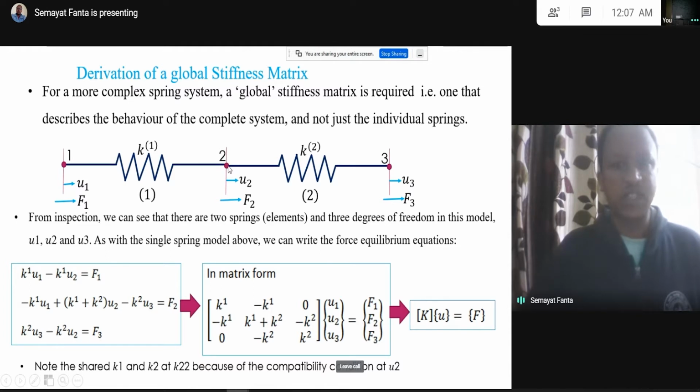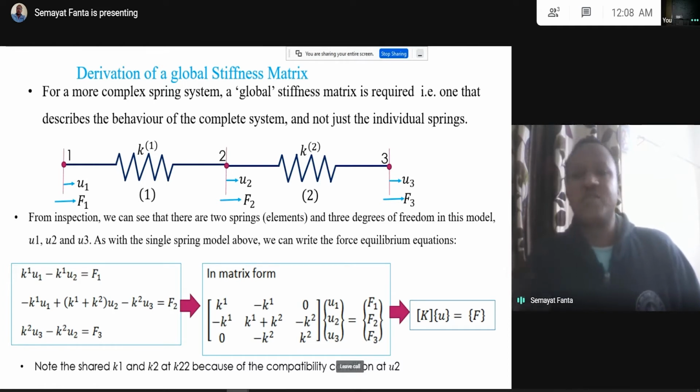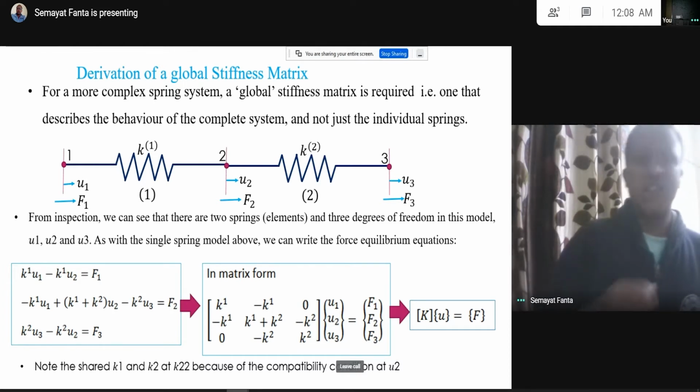Okay, so node 2 is there. Node 1, node 2, this is one element. From node 2 to node 3, there is a second element. So for two elements, we have 3 nodes. So the number of nodes, in this kind of linear arrangement, is always the total number of elements plus 1.